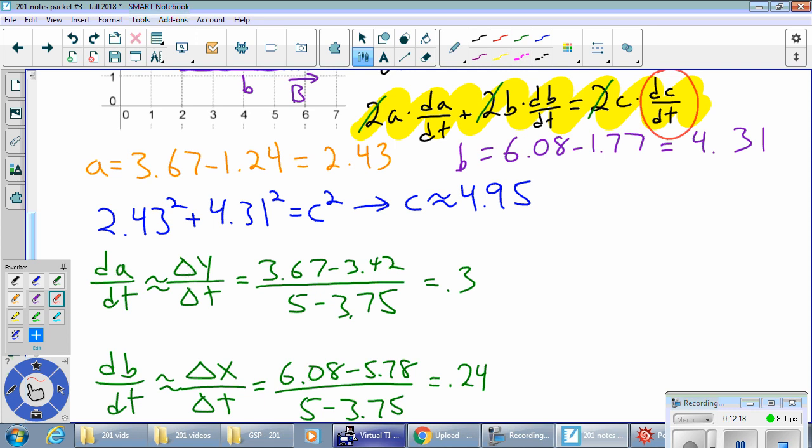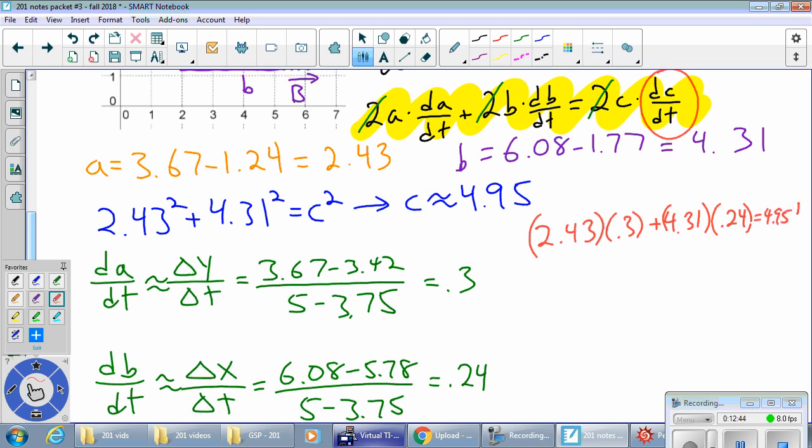That's 2.43 in orange, times dA/dt, that is the 0.2, plus B, that's purple, 4.31, times dB/dt, that's 0.24, equals C. C is roughly 4.95, and then dC/dt is our unknown.